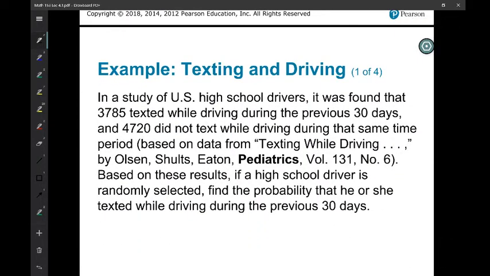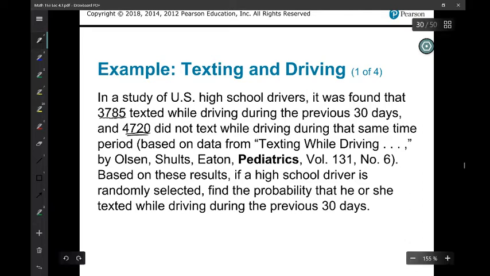Let's take an example of texting and driving. So it was found that 3,785 high schoolers were texting while driving within the last 30 days, and 4,720 did not text.